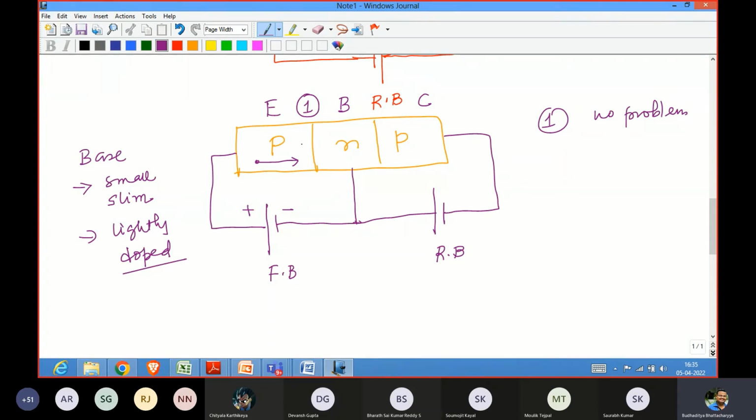So what we are observing is that junction 1 will not have that much of a problem, so it is okay. But if you observe junction 2 over here, this part is reverse biased. I'll put two diagrams together so that you can understand this reverse bias.